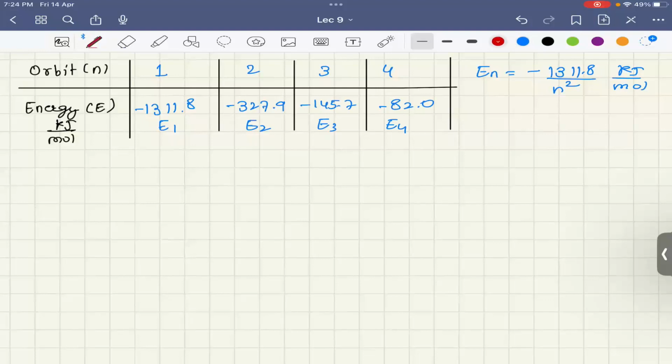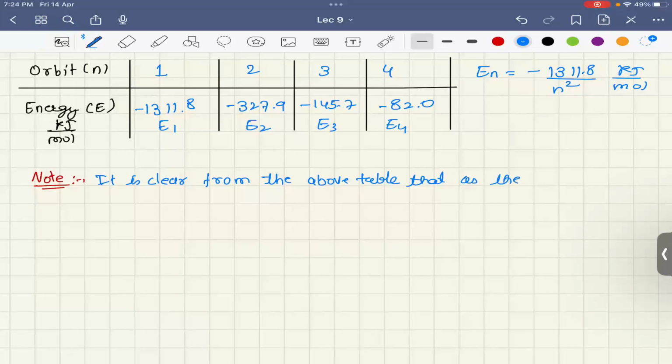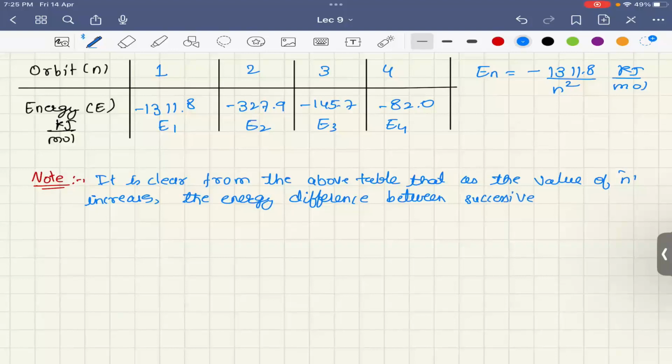Note what we discussed in the previous class, to calculate this value. It is clear from the above table that as the value of n increases, the energy difference between successive energy levels decreases.